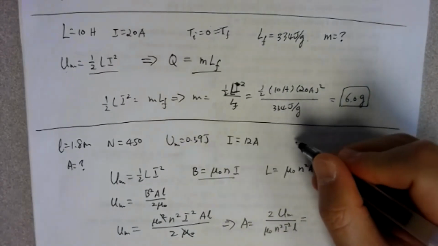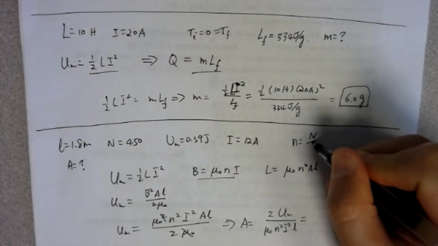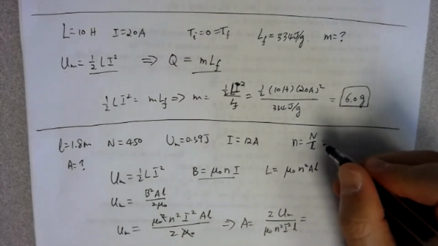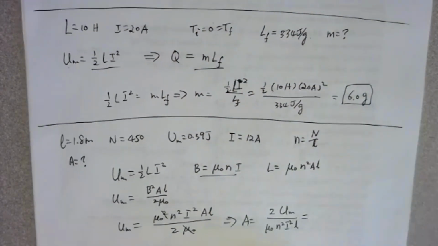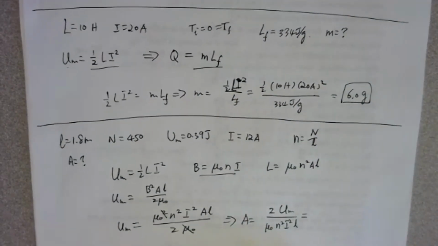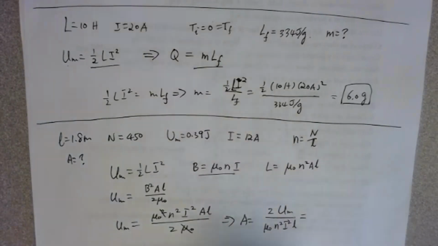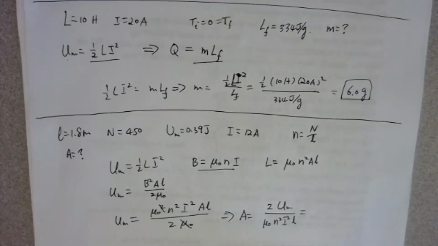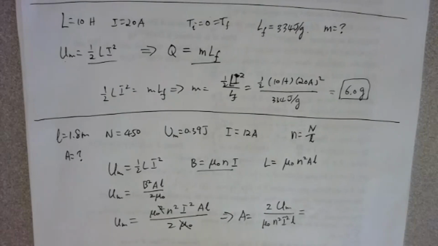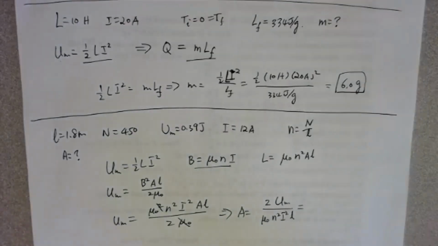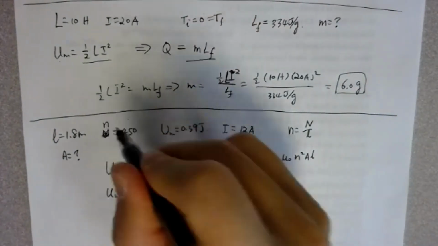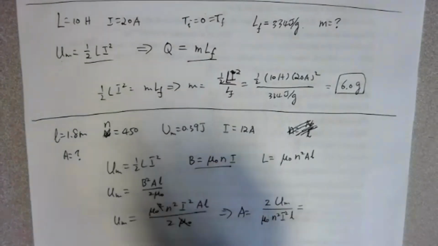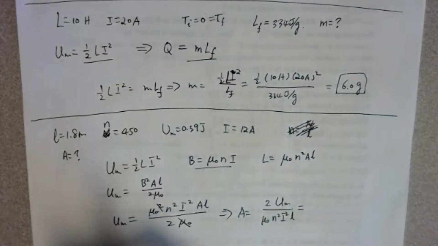So small n is equal to capital N over L. Actually, I think I read it wrong. This is already small n, because it says 450 turns per meter.